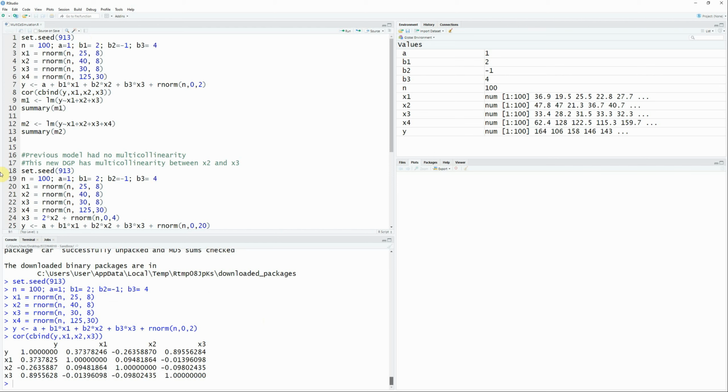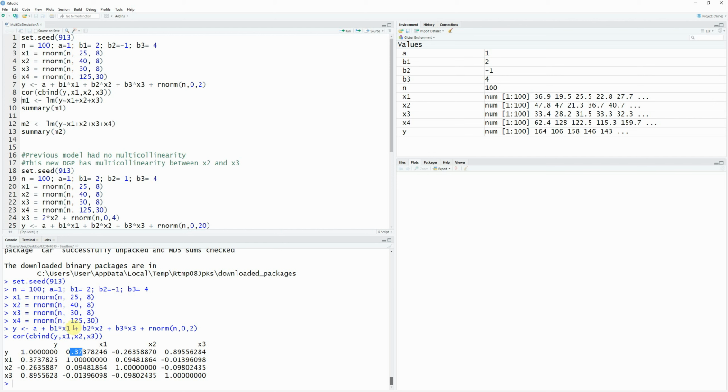So let's run that. Remember, having correlation between your y and x's is a good thing. But having correlation among your right hand side variables is not something that you're asking for. We can see that y has high correlation with x3, and with x1 and x2 not as much, but still considerable, about 0.4.